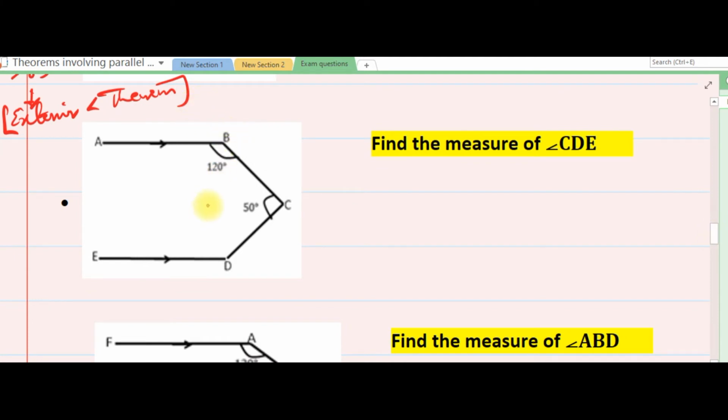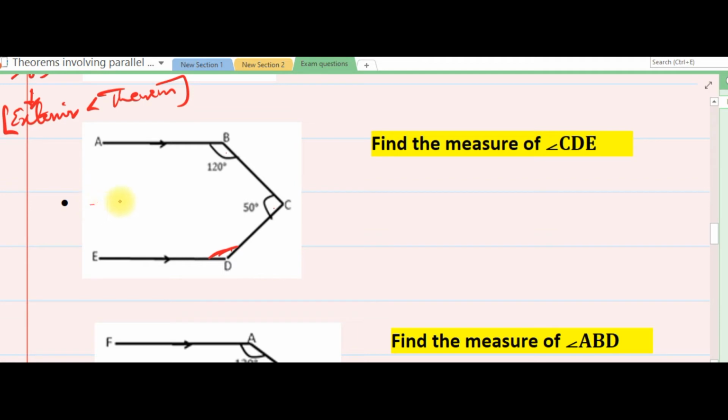We have to find CDE. So we are looking for this. There is one thing I need to say without wasting time. I've known the answer. There is a theorem that states that if you add whatever that is here to this, you get 360. Let me show you how.